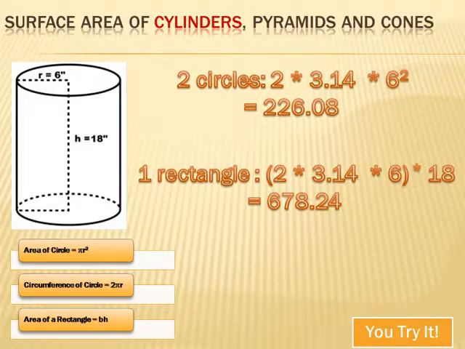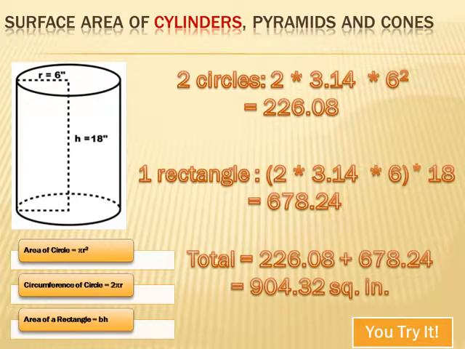So, the formula for the circumference of a circle is 2 pi r. So if I multiply 2 times pi times 6 times 18, I get 678.24.